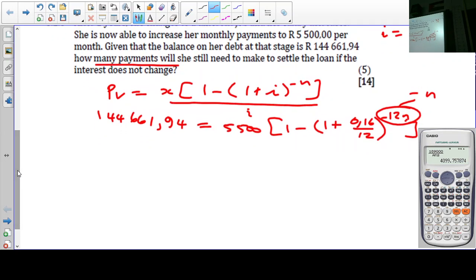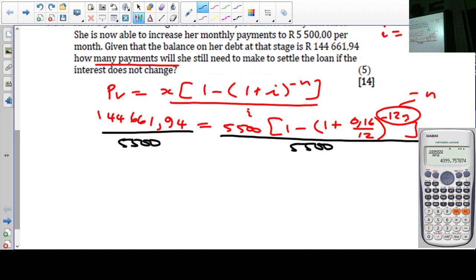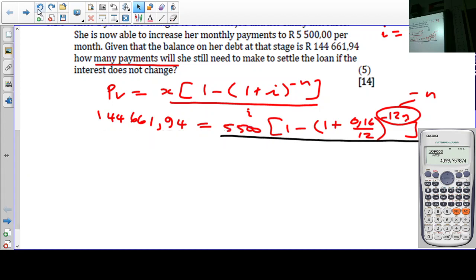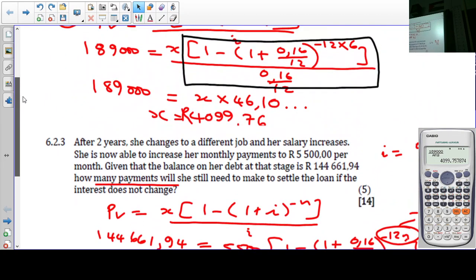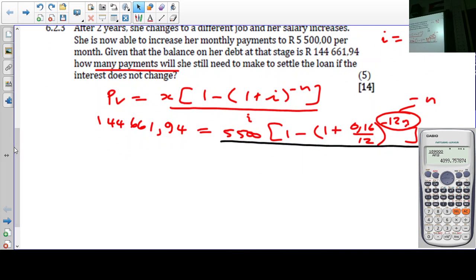So the first thing we need to do is divide by 5,500 both sides. No, I made a mistake. I didn't put the 12 under the interest here, which is 0.16 over 12.